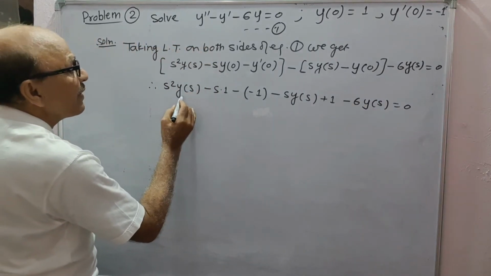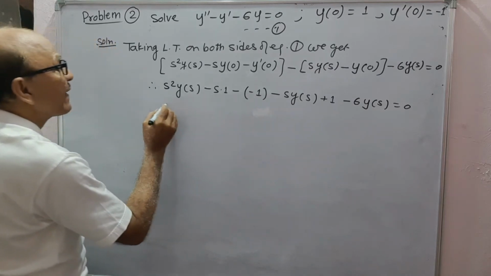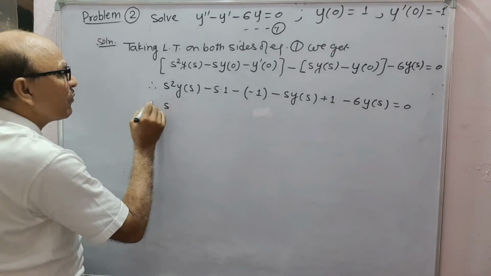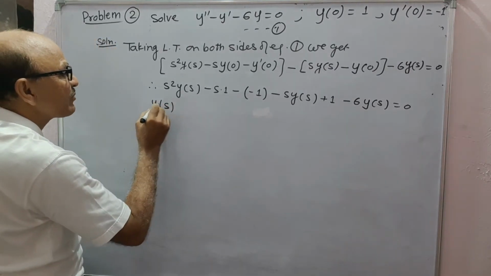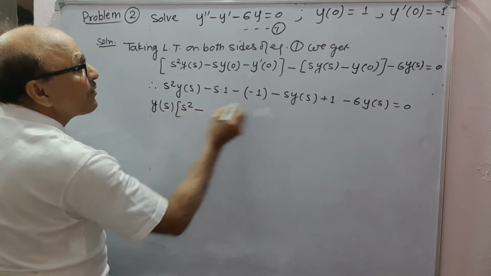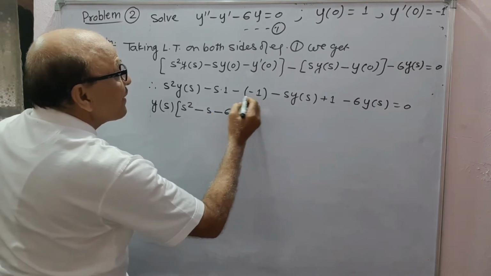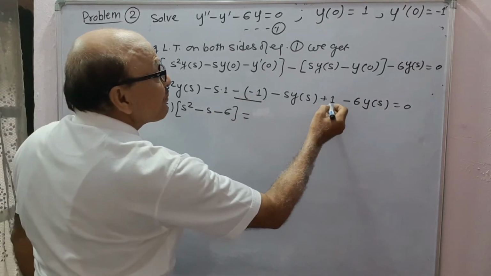Now small y s may be taken common: y s times s square minus s minus 6. This is plus 1 and this is plus 1.